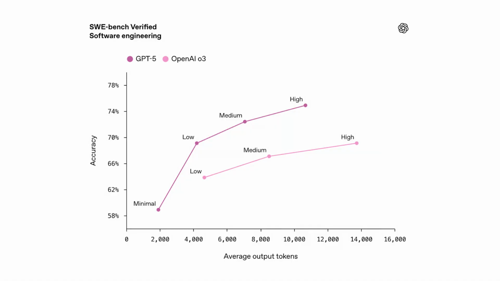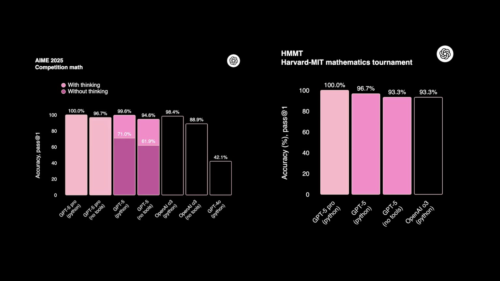If we start by checking the coding performance of GPT-5, it achieves around 75%, 74.9% to be specific, on the SWE-bench, which tests different models using real-world Python problems. And as you can see in the chart on the screen, it outperforms by a lot its previous model, which was o3.